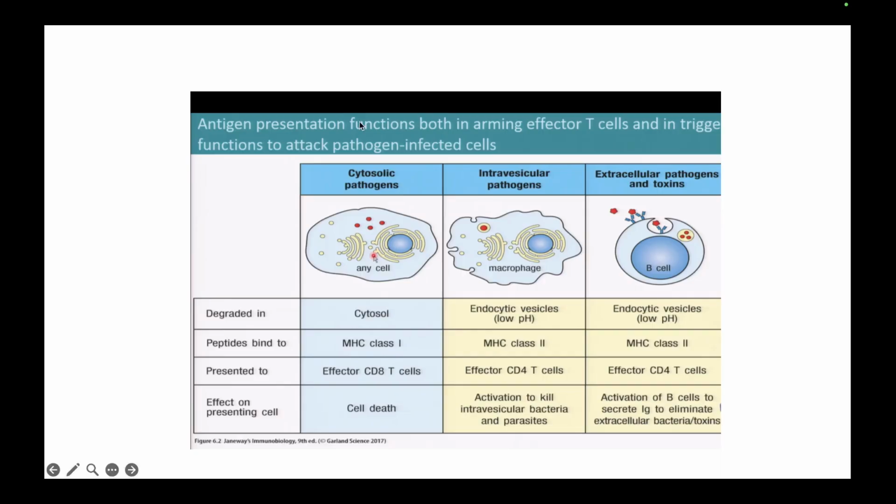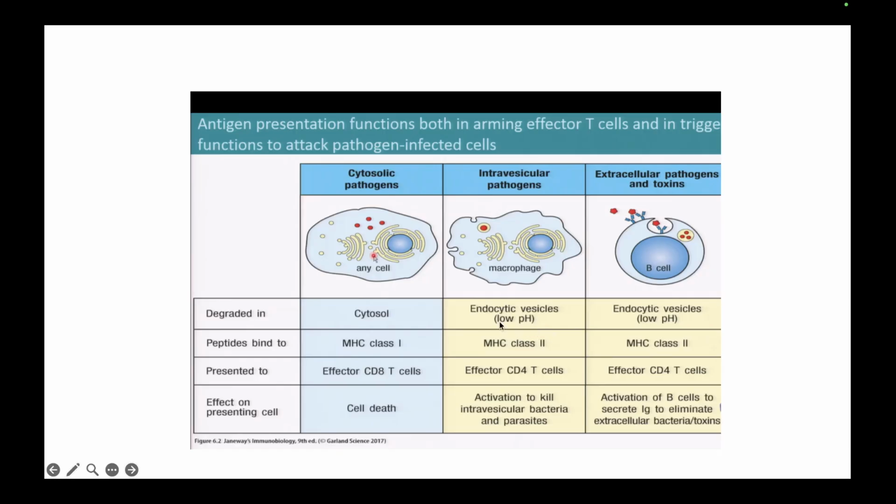So there are cytosolic pathogens, intravesicular pathogens, and extracellular pathogens. These two, intravesicular and extracellular pathogens, are presented by MHC class 2.